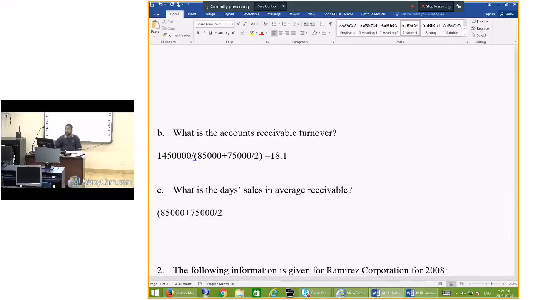Average receivable is 85,000 plus 75,000 divided by 2, that is the average receivable, divided by one day sales. How to calculate one day sales? Total sales is 1,450,000 divided by 365, that is one day sales.